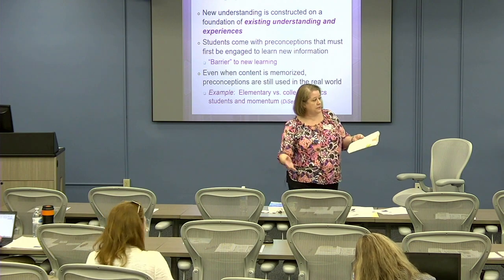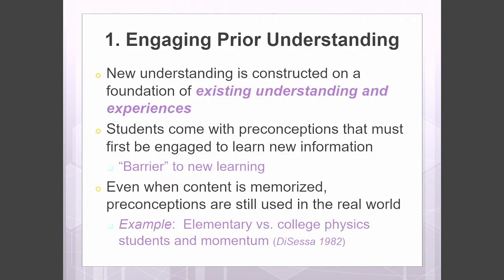So in this example, students can memorize stuff. I can memorize an equation, but I don't know how to use it in real life. And we all have had that experience. So this example was elementary students versus college physics students learning about momentum. I'm just going to read you this little anecdote here.